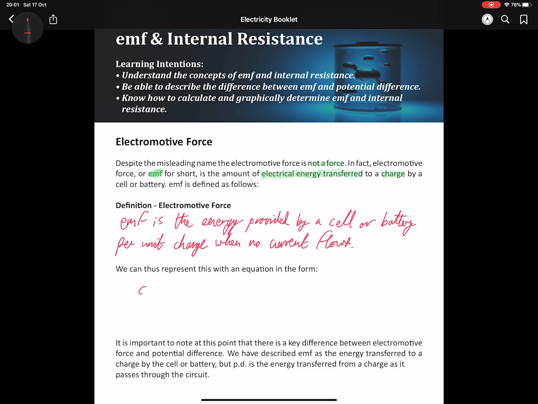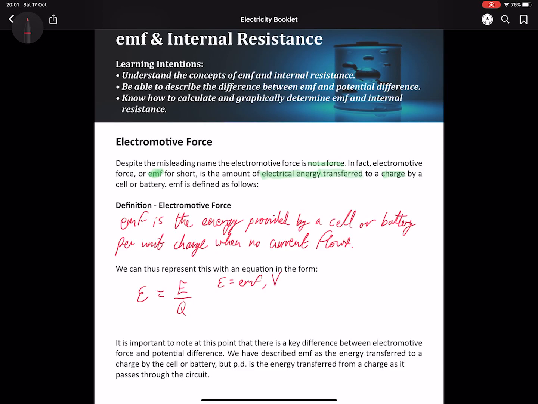So the EMF is the true voltage of a supply, whereas the potential difference is what's actually experienced in the circuit.